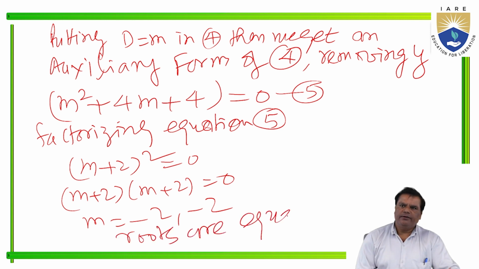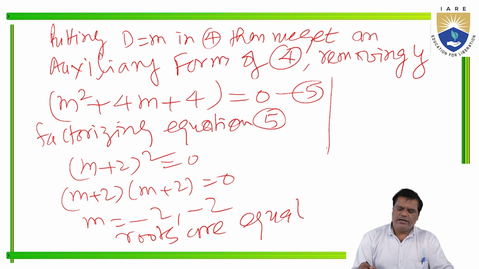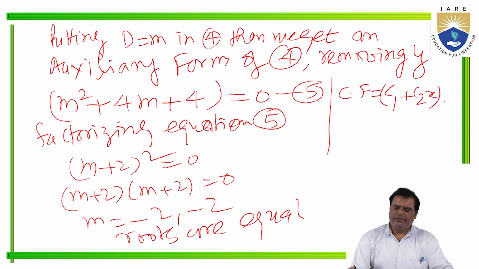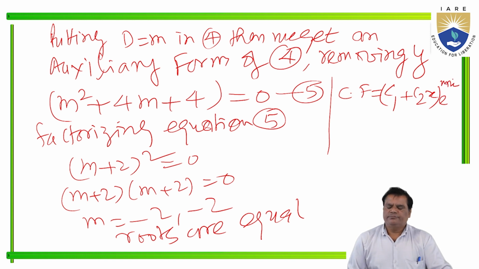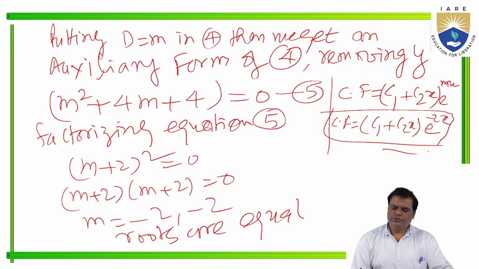So we write the formula: CF is equal to (C1 plus C2 x) e to the power mx. So CF is equal to (C1 plus C2 x) e to the power minus 2x. This is the complementary function. This is equation 6.